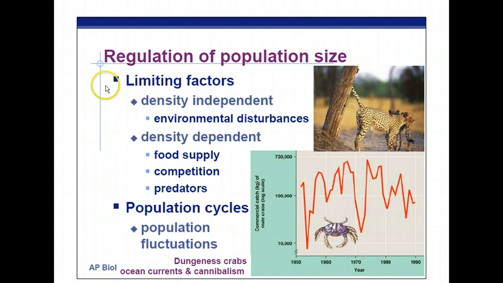Regulation of population size. Limiting factors are things that limit the population size. Density independent means that the limiting factor is independent of how crowded the organism is, or how dense the population is. An example would be fires, earthquakes, and other environmental disturbances.